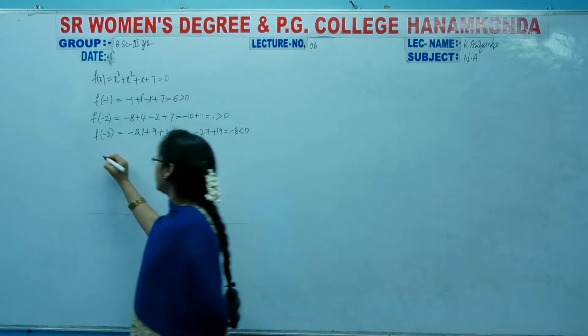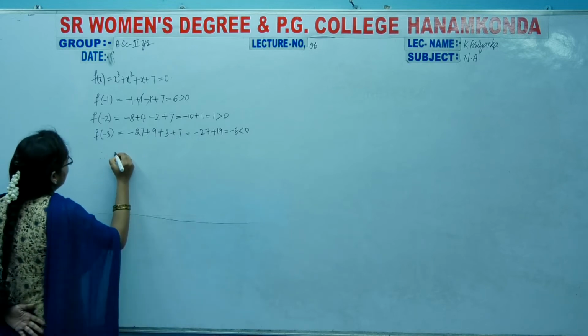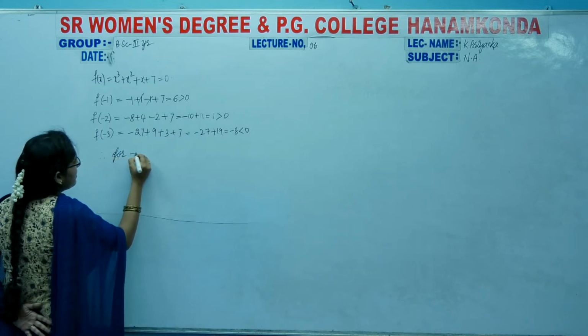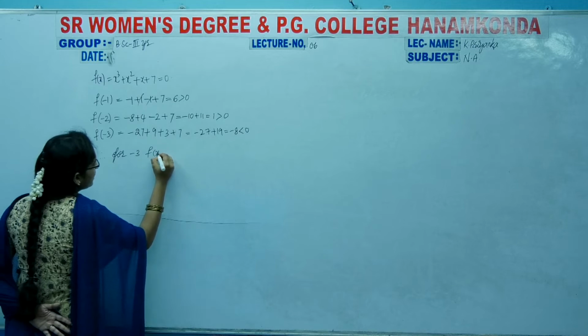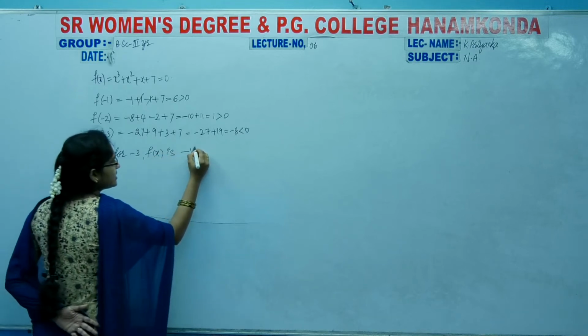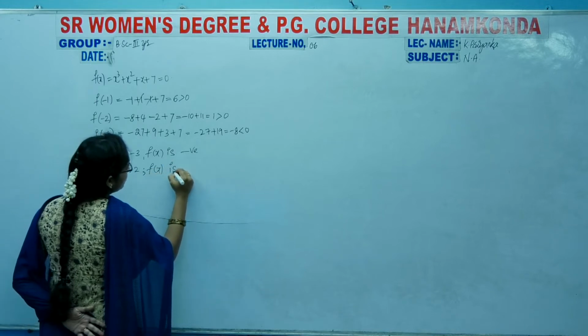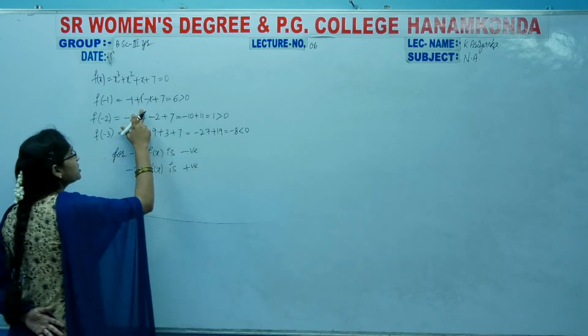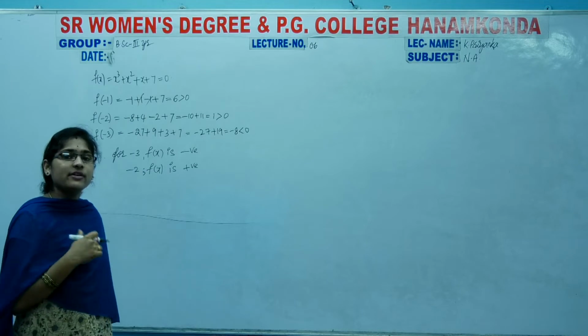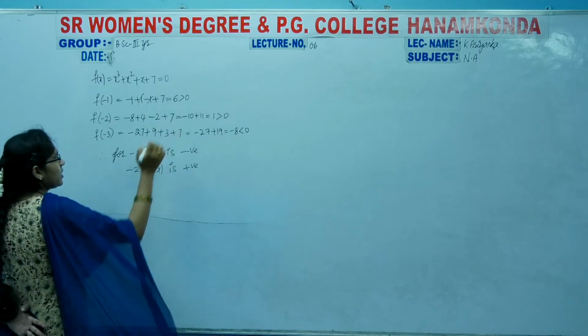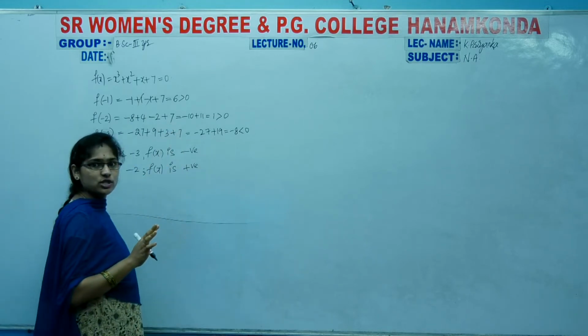Therefore for minus 3, f of x is negative and for minus 2, f of x is positive. For this one also we have a positive, but which one we have to take? This one. So now we have one positive and one negative.